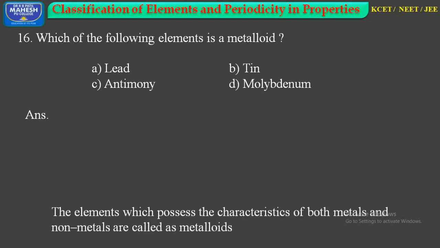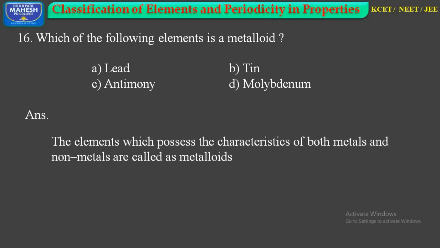The elements which possess the characteristics of both metals as well as that of non-metals, they are called as metalloids. Among the four, antimony is a metalloid which is having both metallic as well as non-metallic characteristics. So the option C is the right answer.